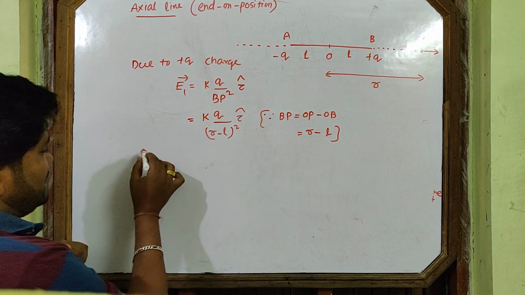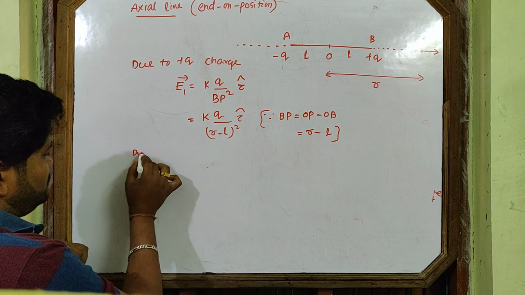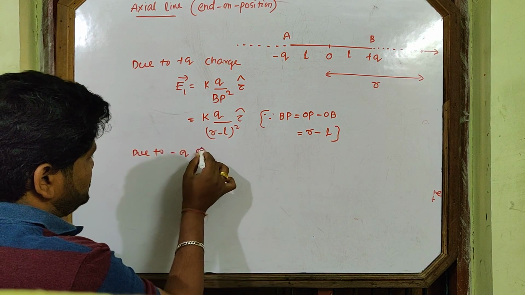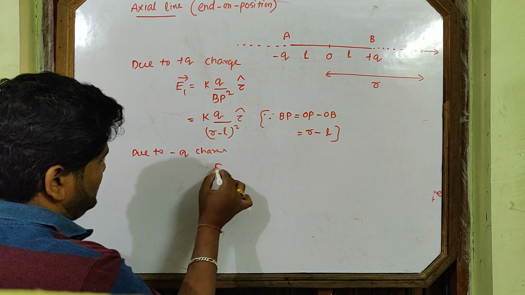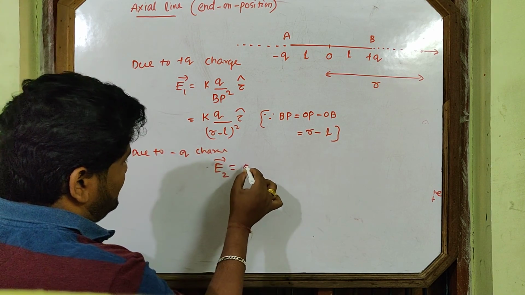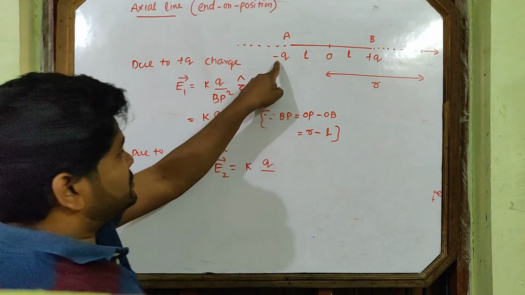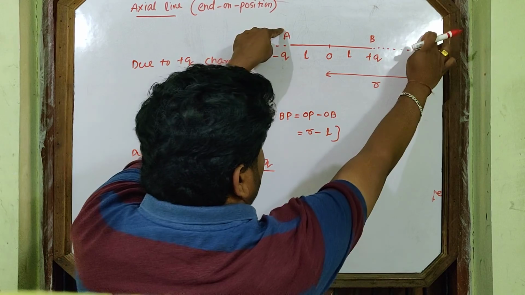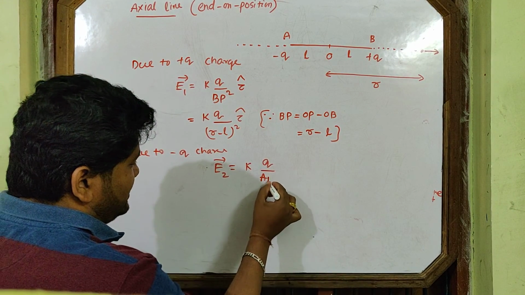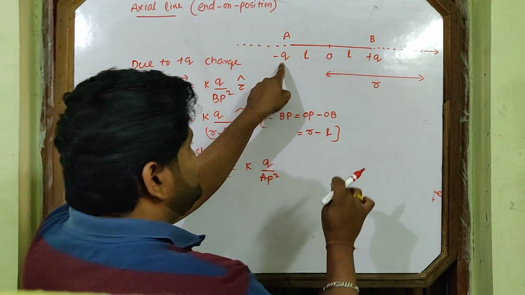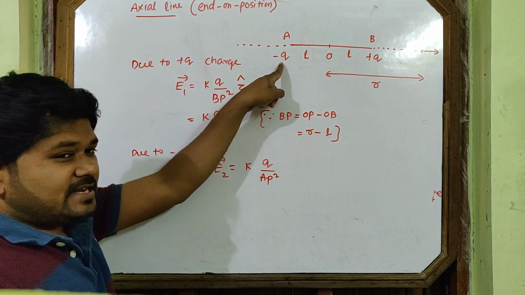Then come to due to minus q charge. E2 vector, KQ. This is minus q. At this point we find from A to P. So this is AP square. Minus q charge, this point we find. Charge is negative.